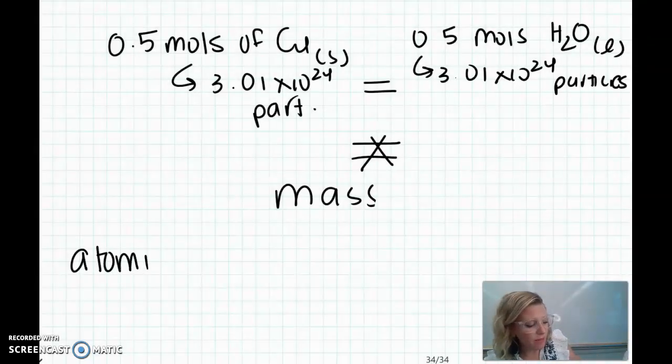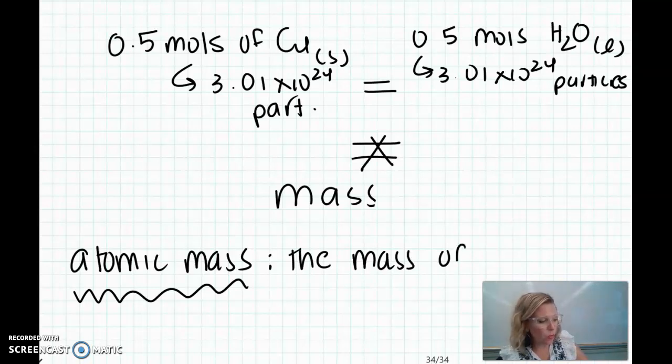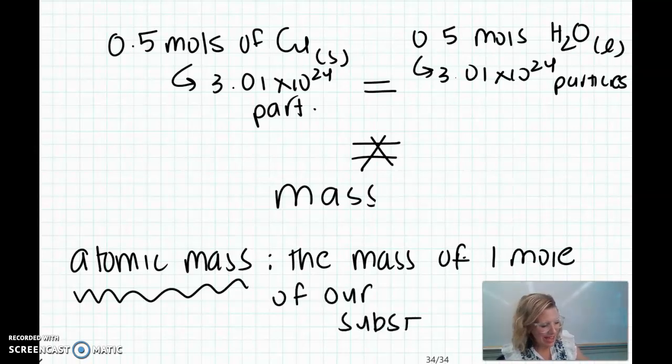So the atomic mass of our sample, or just in general, what is the atomic mass? The atomic mass is literally defined as the mass of 1 mole of our substance. And we can find this mass on the periodic table.